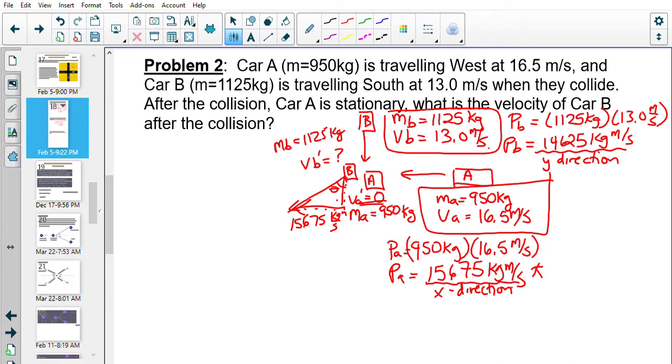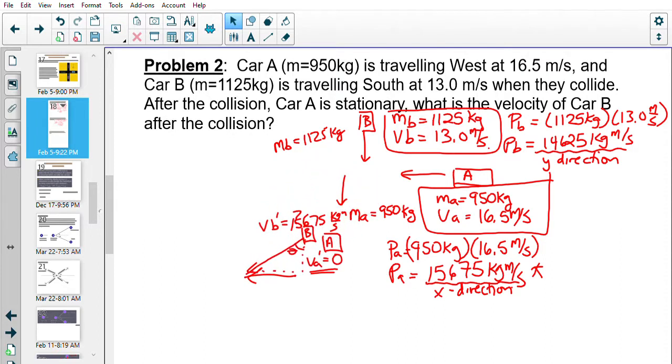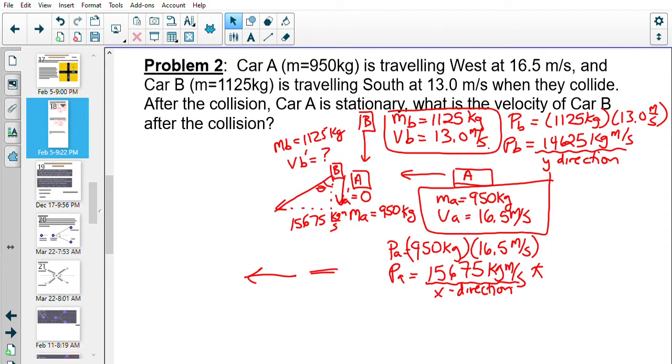And the downward part of this momentum, if I just move it over here for a second, I can't move it over. So that downward momentum, I'll just draw an arrow over to it.